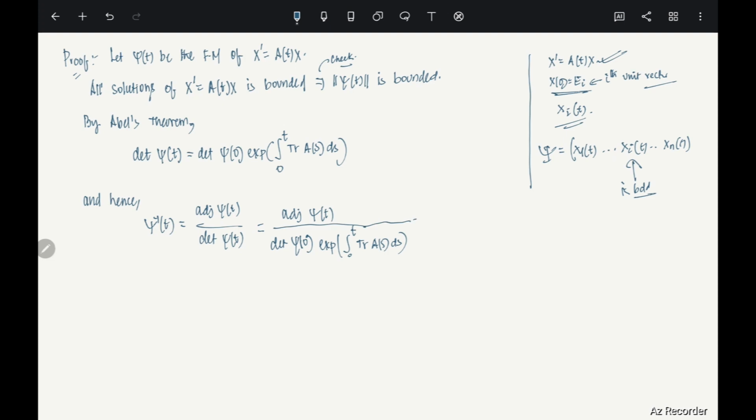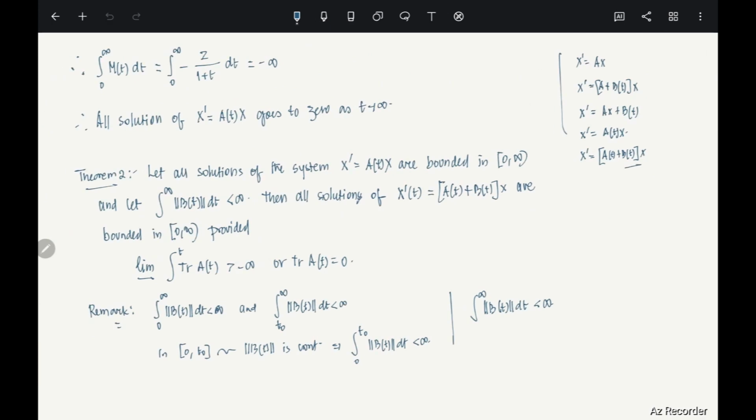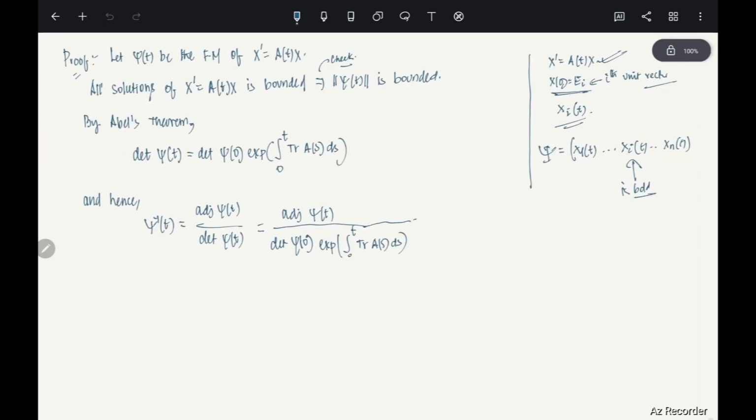Now you see, the limit of the integral of trace of A(t) is either greater than minus infinity or it is 0. If this is the case, then the exponential of this particular thing has to be bounded.